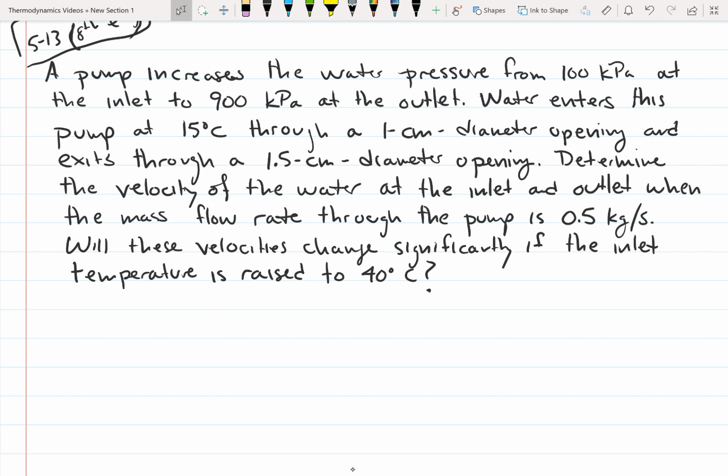So let's draw our pump. So this is our pump. This is the inlet and the outlet, and I'm just going to call this 2 and 1. And let's just start writing down some of our information.